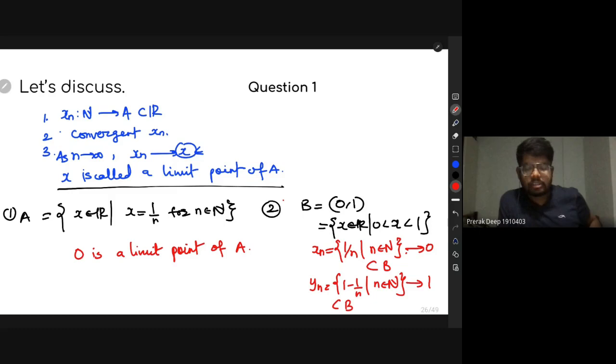Because there is a sequence in B which converges to 0 and one which converges to 1. I hope it's clear to you.